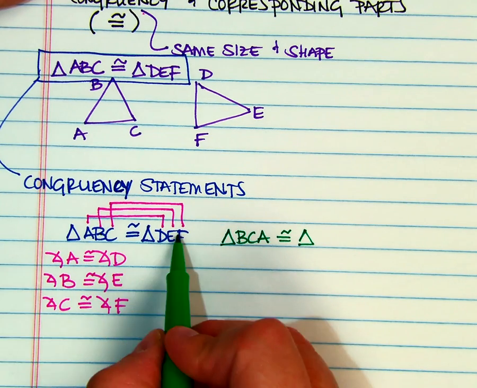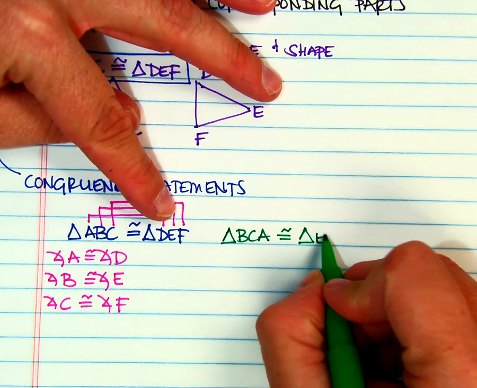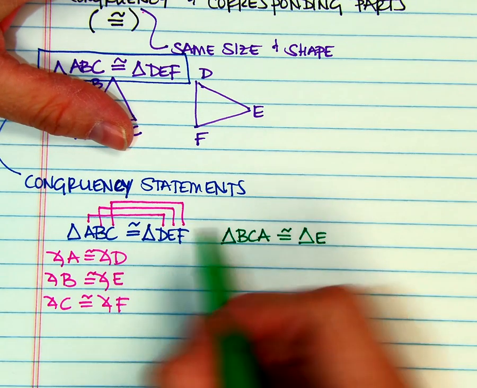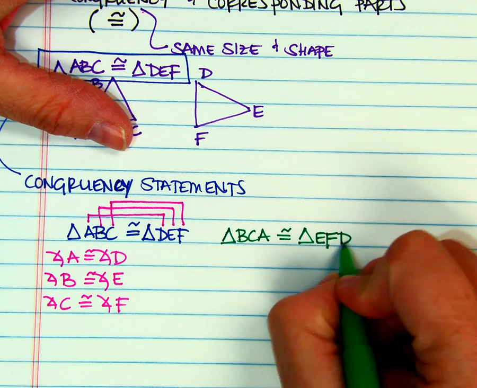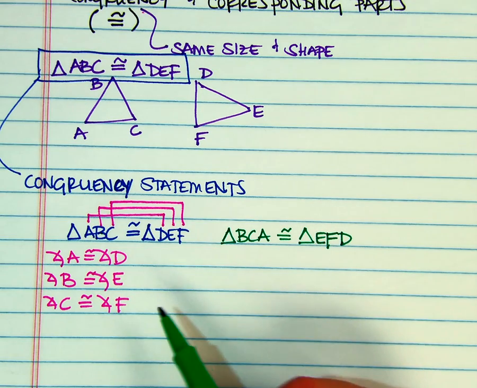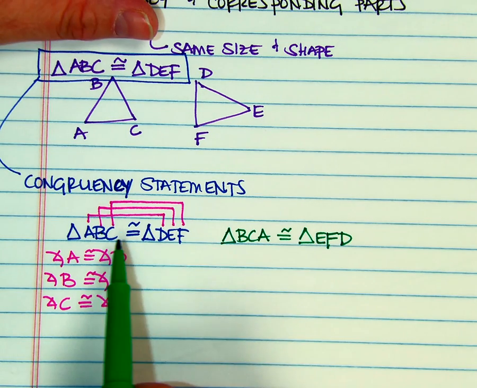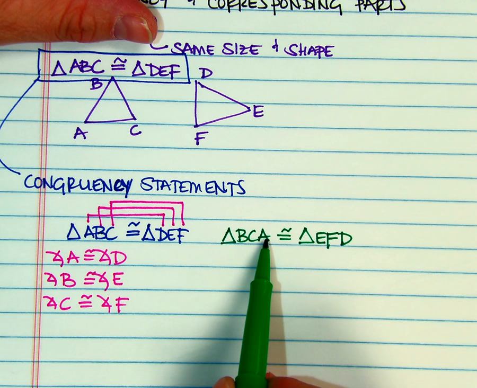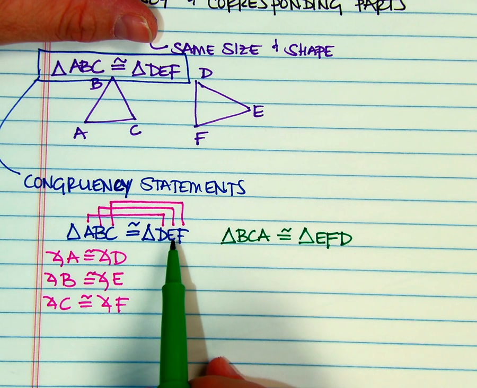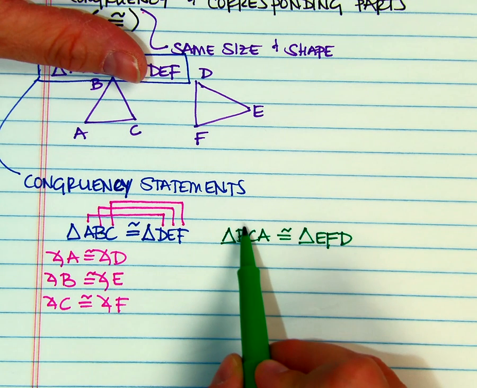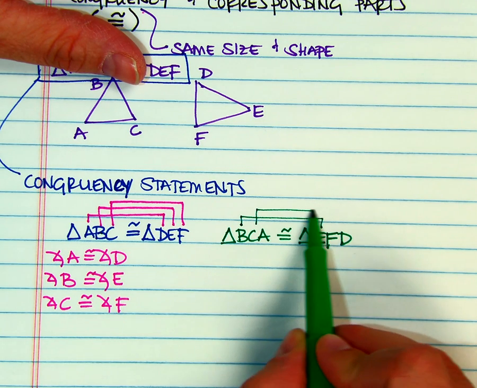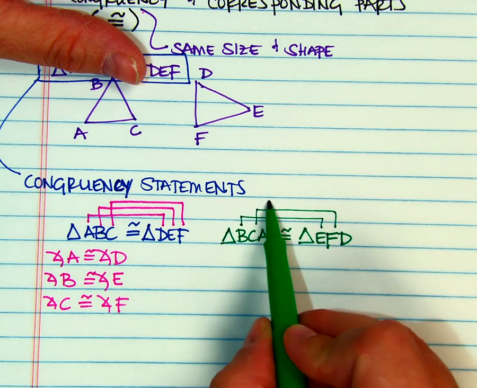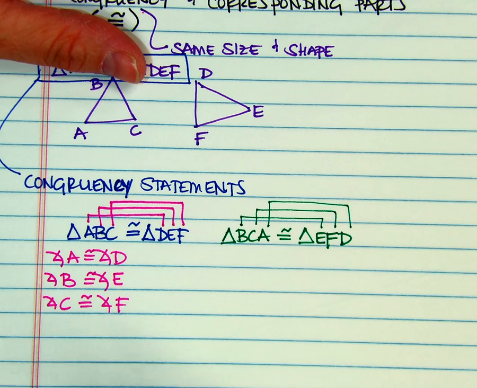B would still have to be congruent to E, C is still congruent to F, and A is still congruent to D. So on a test or for any assignment, if you have this congruency statement instead of the first one, that's okay, because you are still giving me the same information.